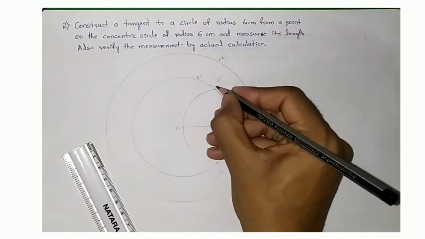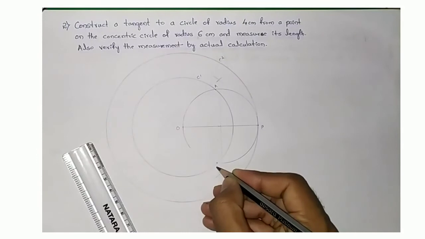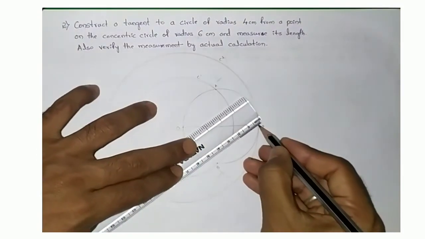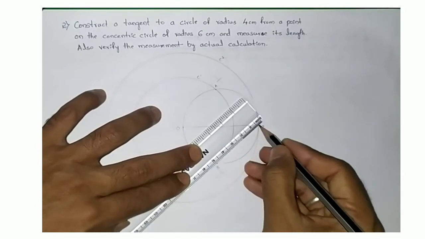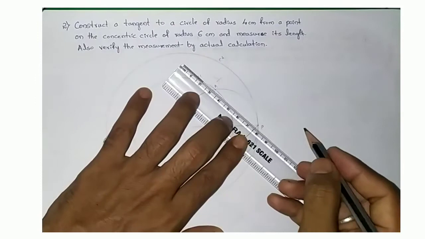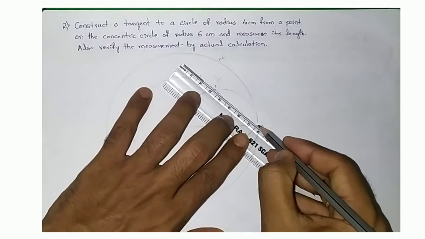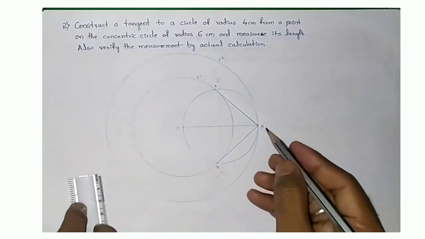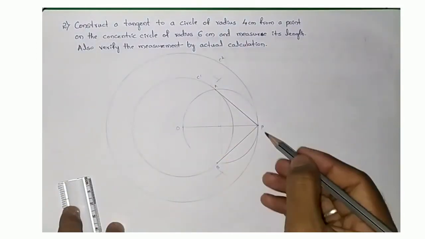Let's name them A and B. So join them. Our required tangents are PA and PB.